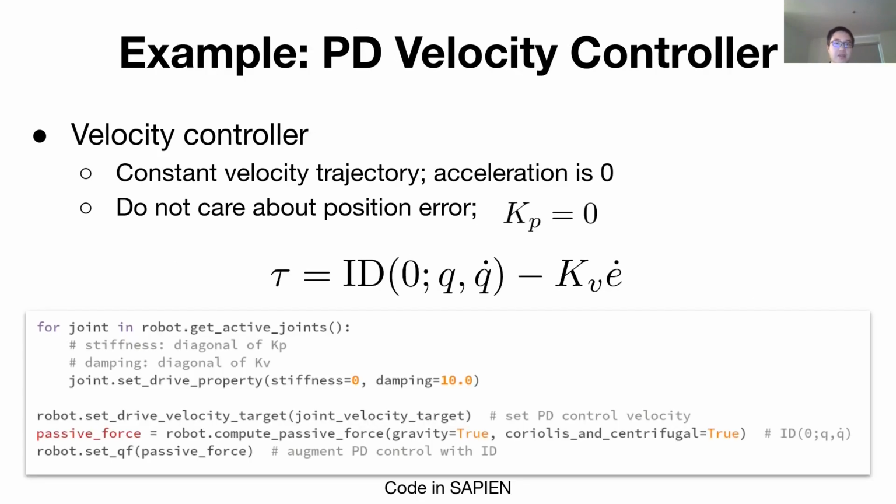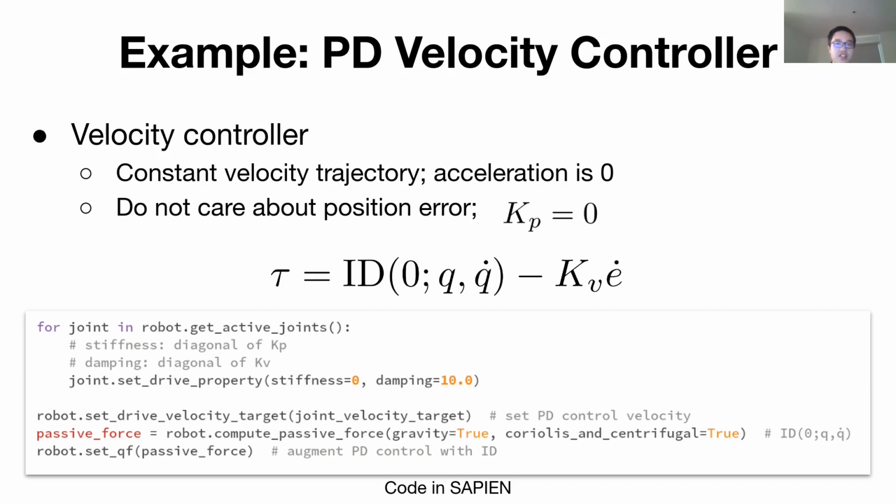Now let's see an application of PD controller in embodied AI environments. You may hear people say that their environment uses a PD velocity controller. What does that mean? It really means that we are trying to use a PD or augmented PD controller to follow a constant velocity trajectory.